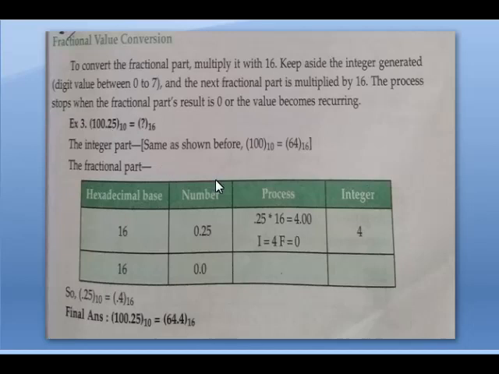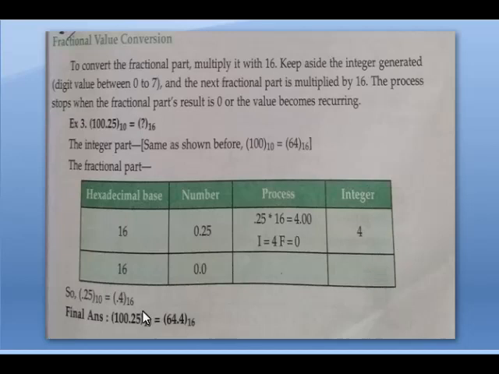First write the fractional number and the base is 16. So 0.25 into 16 is 4.00. The integer part is 4 and the fractional part is 0. When the fractional part becomes 0, we stop the conversion. For the fractional value we write the answer from top to bottom, and the integer value we write from bottom to top.